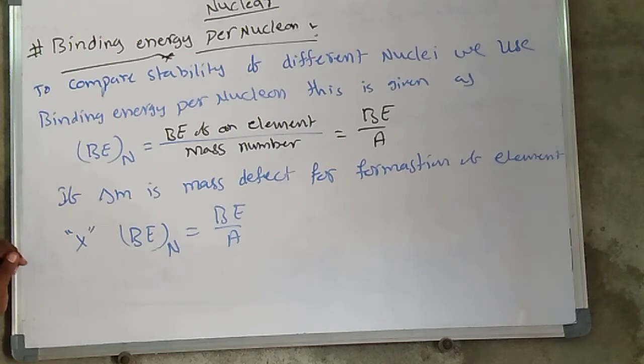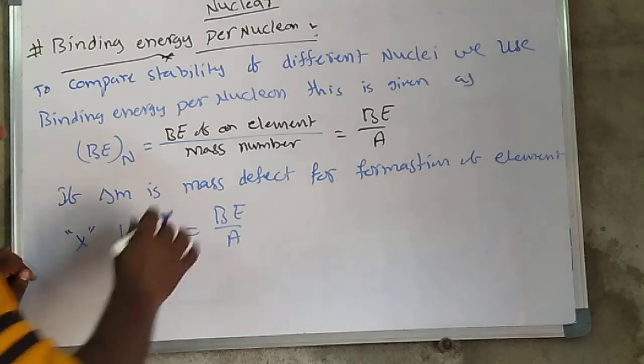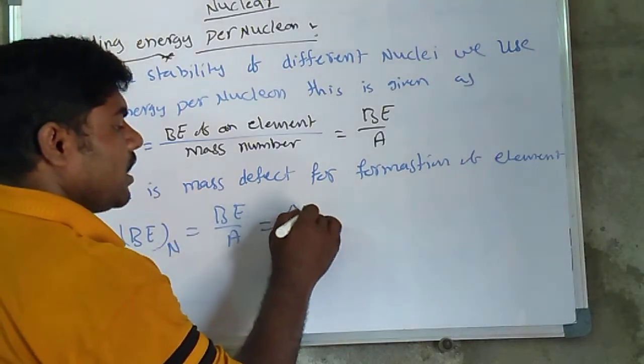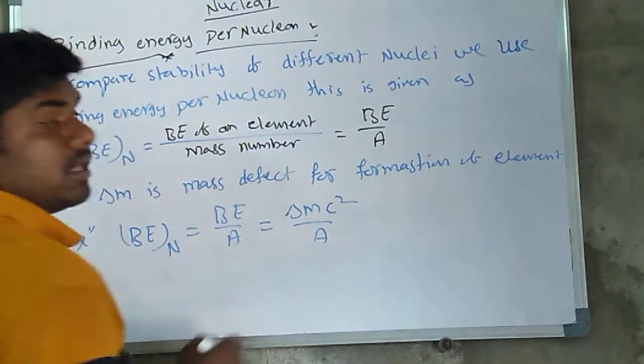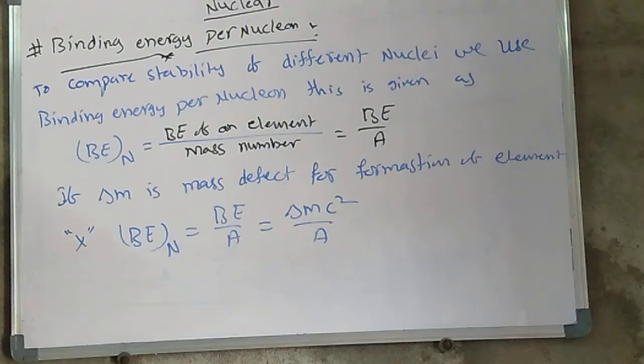So this value is equal to delta m times c square divided by A.